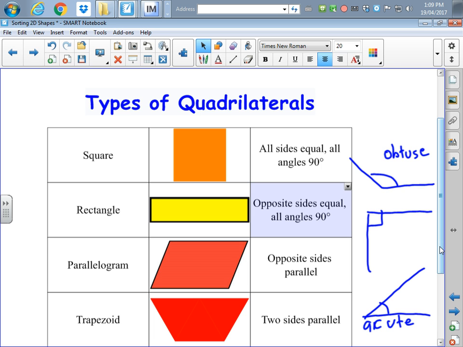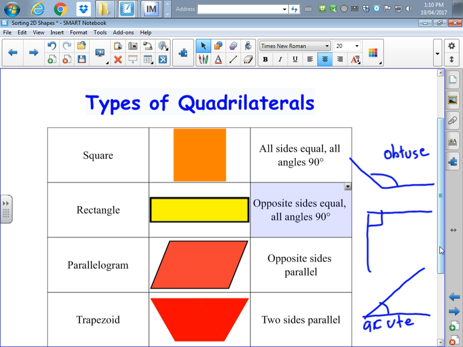Okay? What about a rectangle? How is a rectangle different than a square? Share your learning. Sophie? A rectangle and a square, it's different because the rectangle is more thin, and the square is more large.